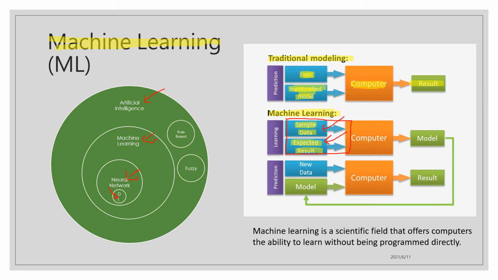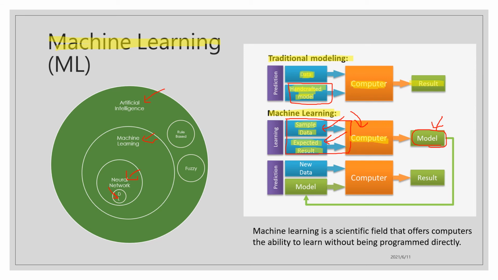You put all of this inside the computer, and then the computer will help you build the if-then-else, that means the model. In traditional programming, you build it by yourself, so the model is here. But in the machine learning approach, the computer helps you build the model, so the model is here.